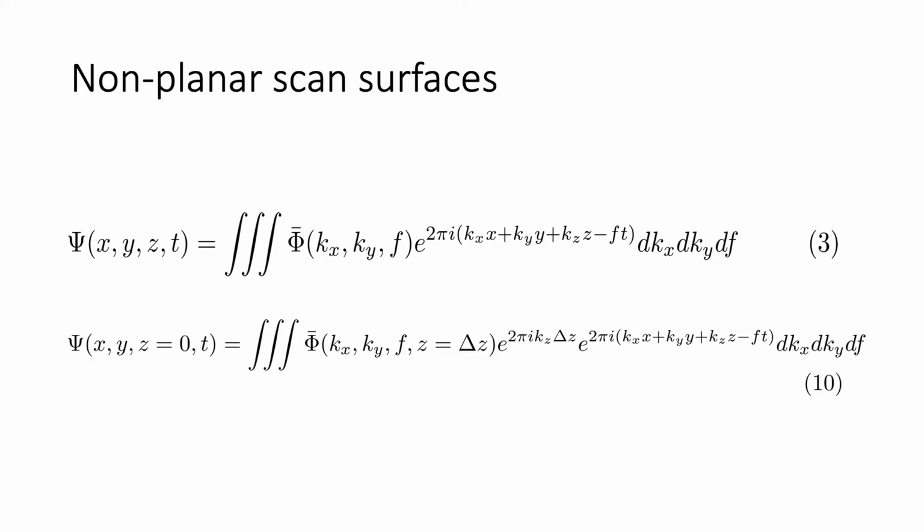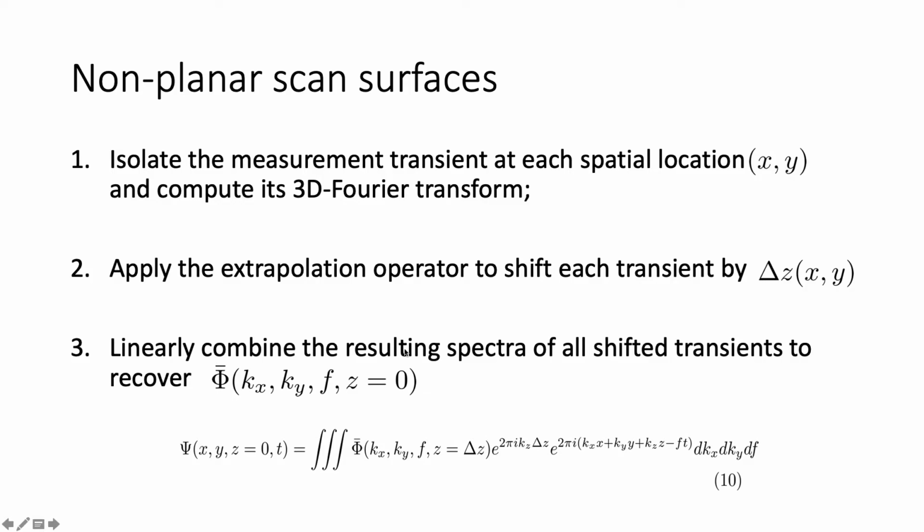As applied to equation 3, this can be expressed as equation 10. This extrapolation procedure can be applied to migrate data sampled across a general non-planar surface onto a visible planar wall at Z equals 0.